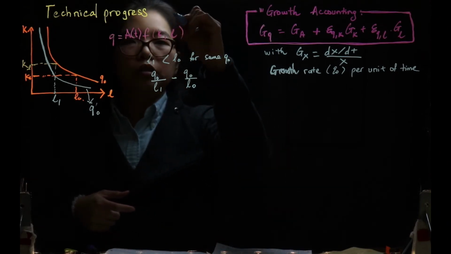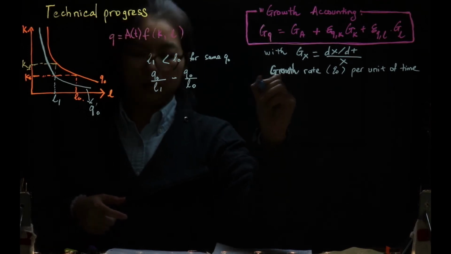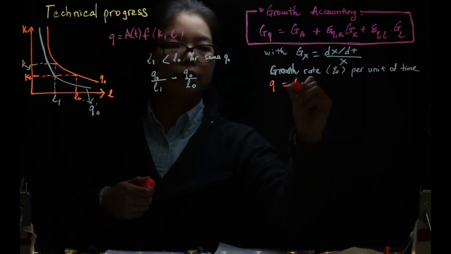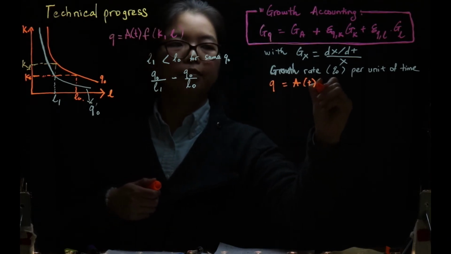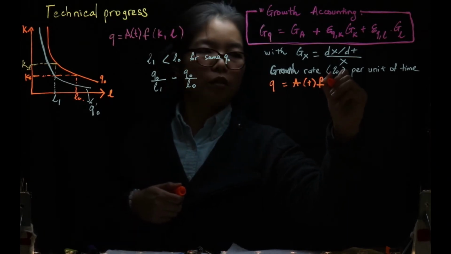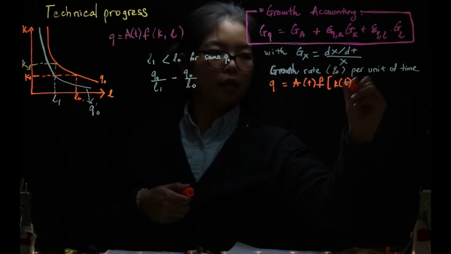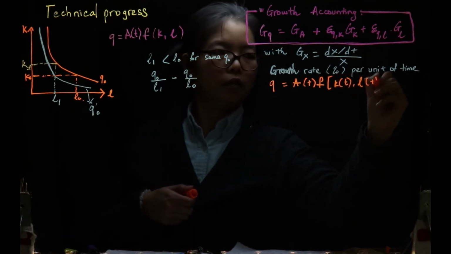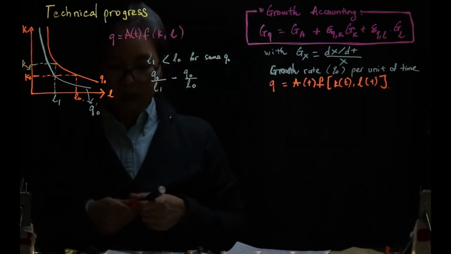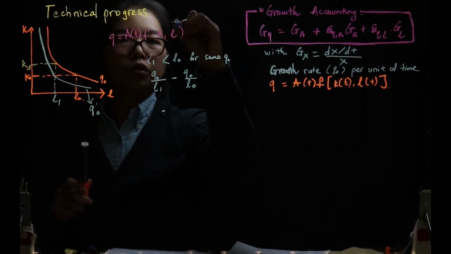So for that reason, we could write it, in a different color maybe, as Q as a function of A(t), times some function F of capital and labor, but now K(t), L(t), because they can also change over time. Before we start, let's do something simple over here.